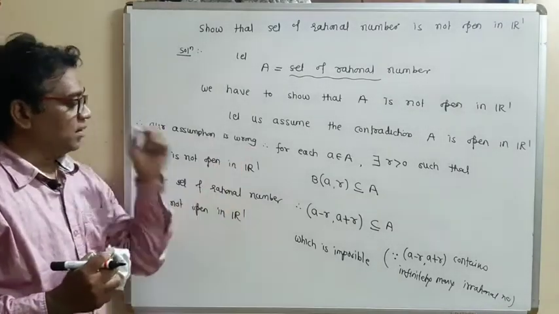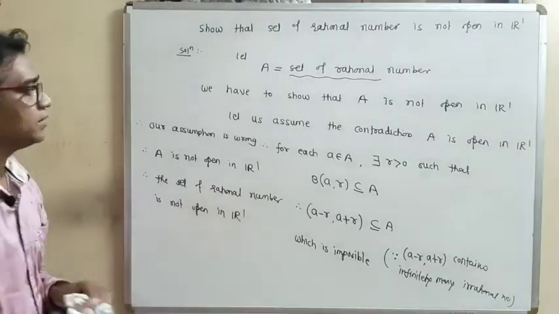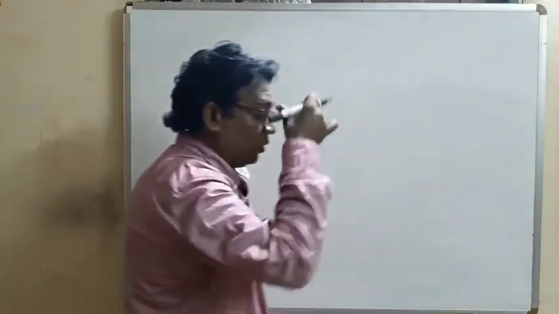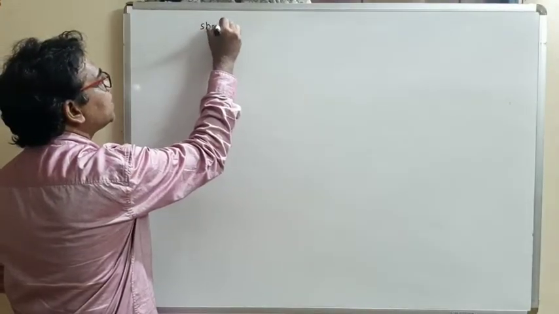So we have shown that the set of rational numbers is not open in R1. Write down the third example.